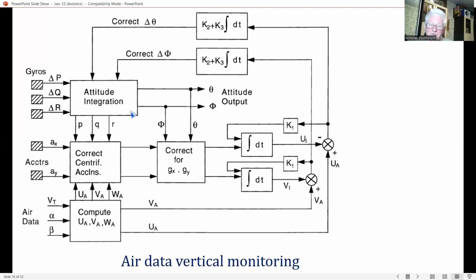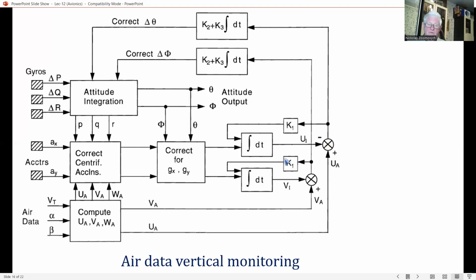Integrating the values of U dot and V dot with respect to time yields U sub I and V sub I, which, as you can see, get into the summation.